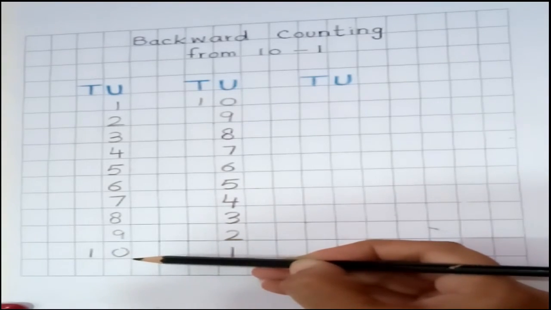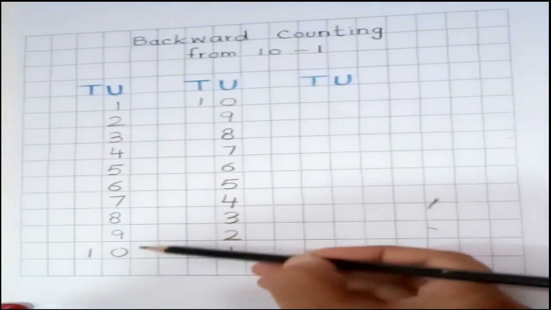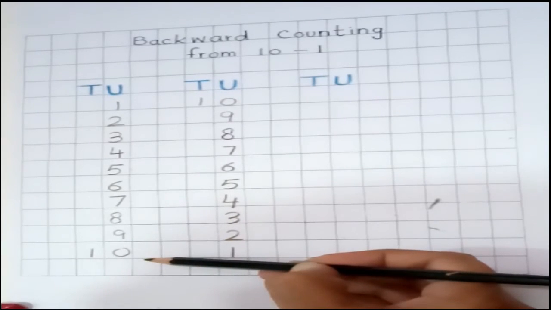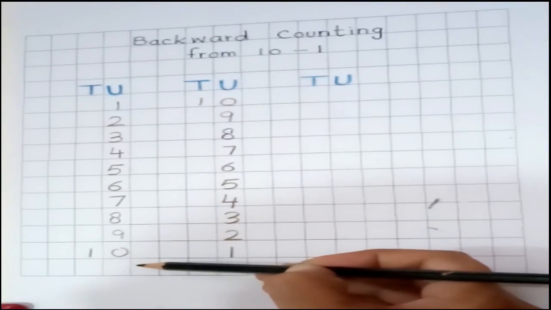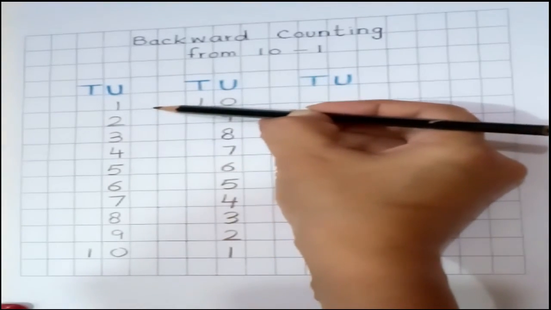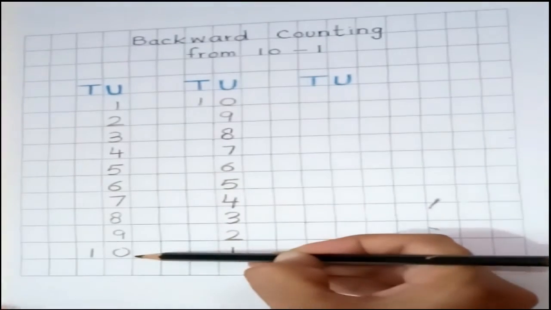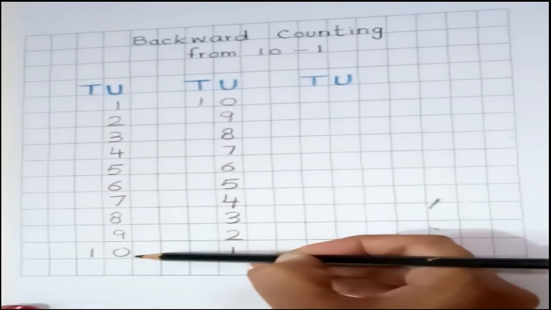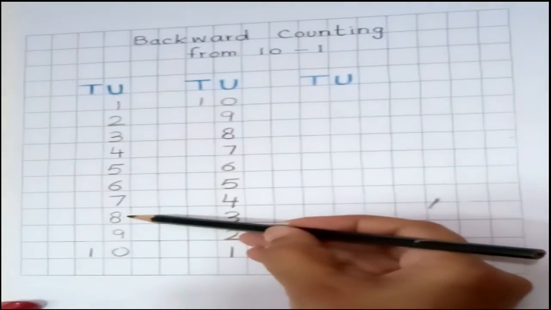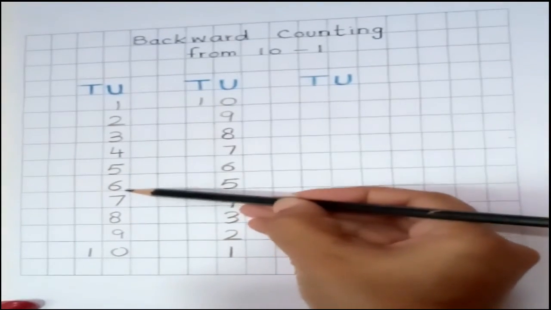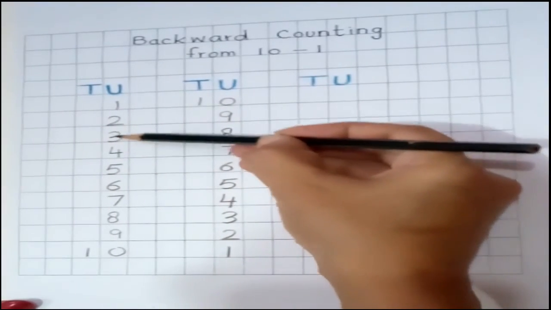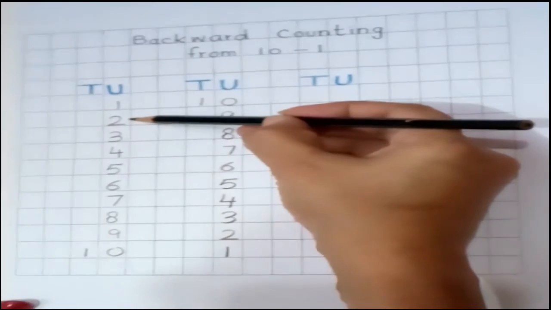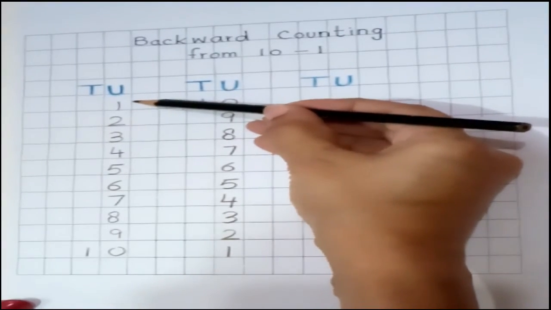We go downwards, but in backward counting we go in the opposite direction. 10, 9, 8, 7, 6, 5, 4, 3, 2, 1.